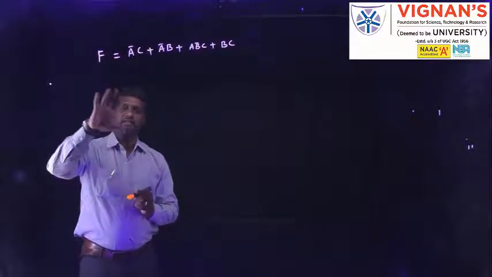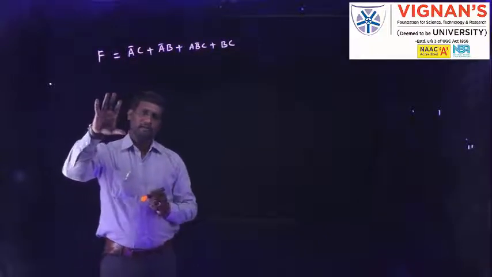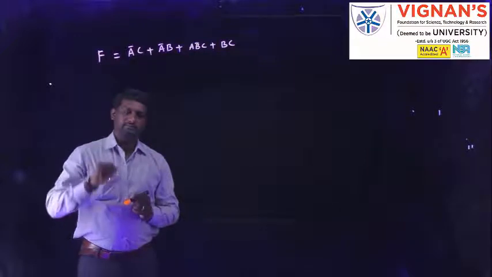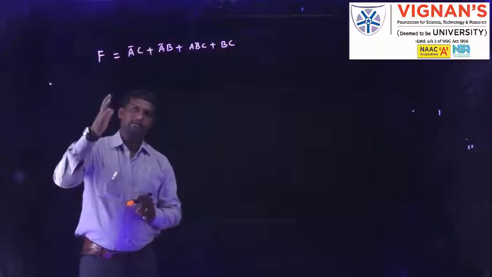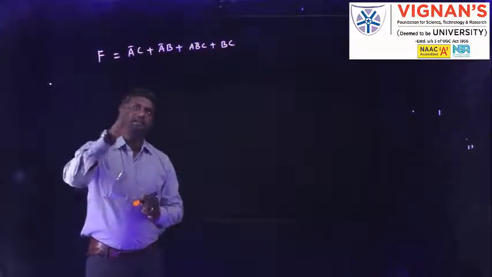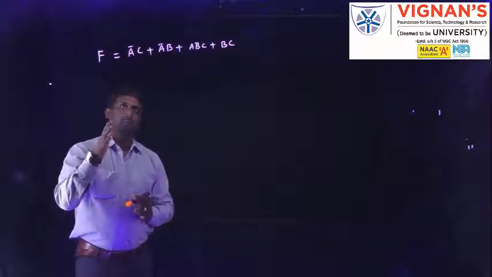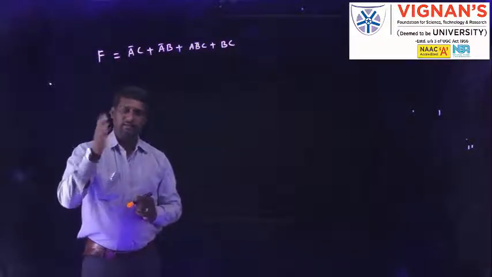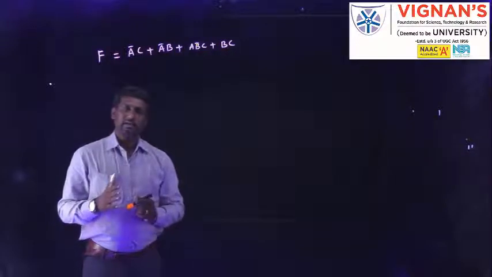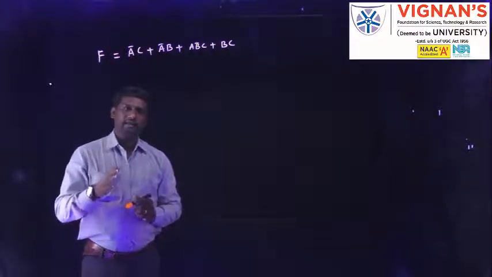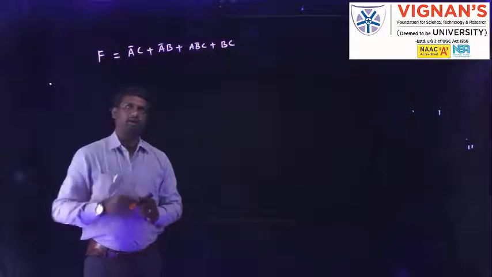This can be simplified by using Boolean laws, or this can also be simplified by using K map. So we are using the simplification by using K map. That's why I am applying the K map method of simplification for this problem.